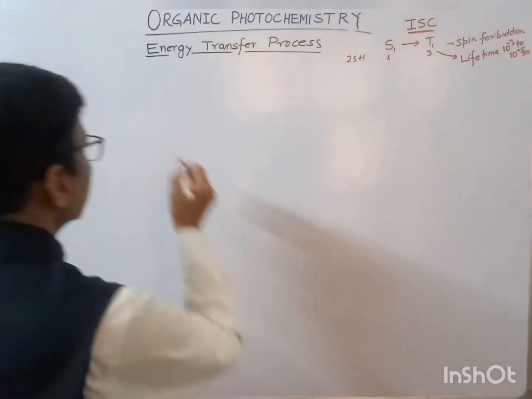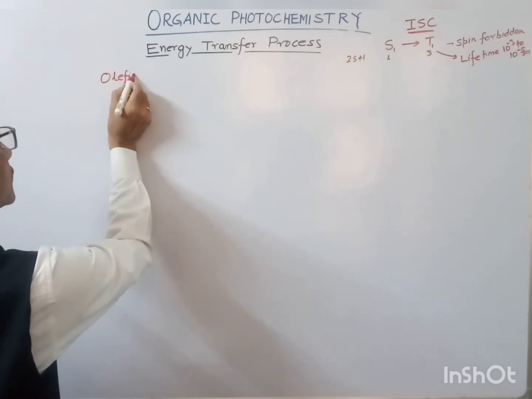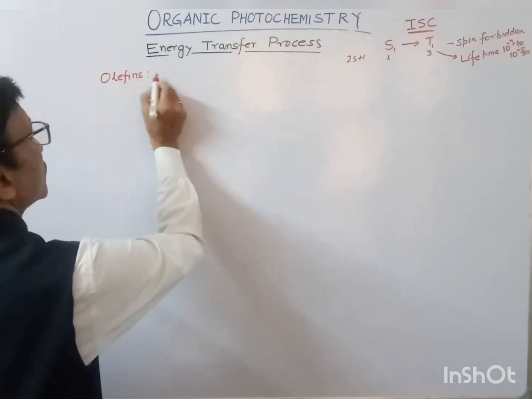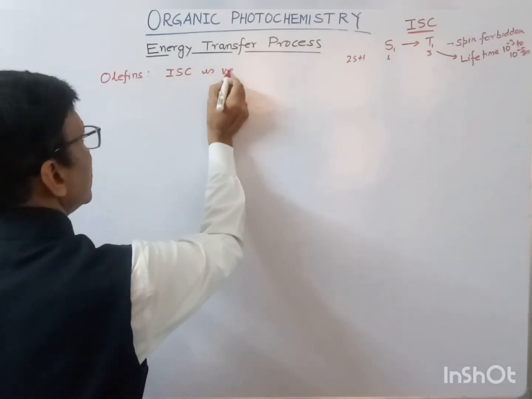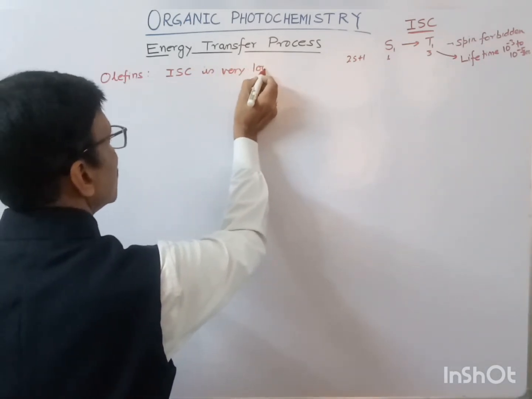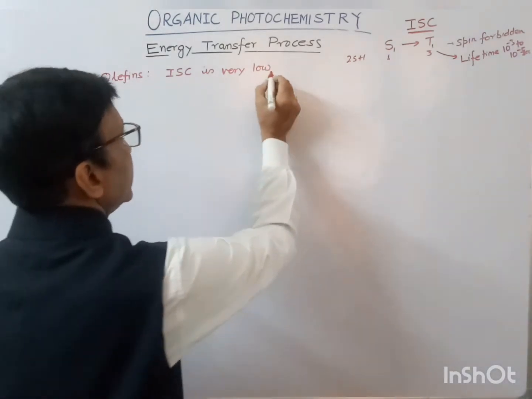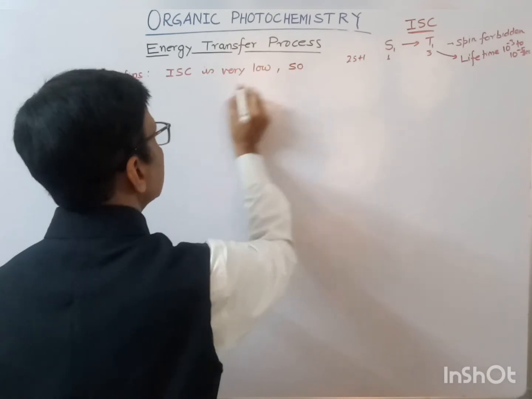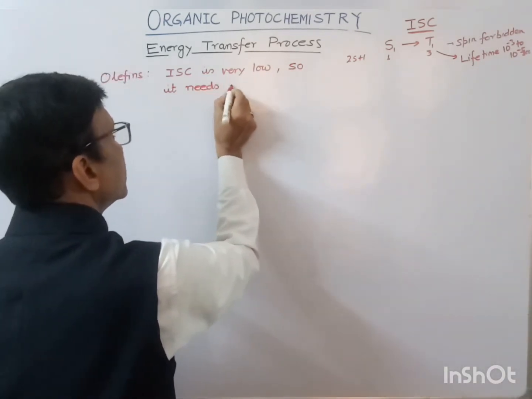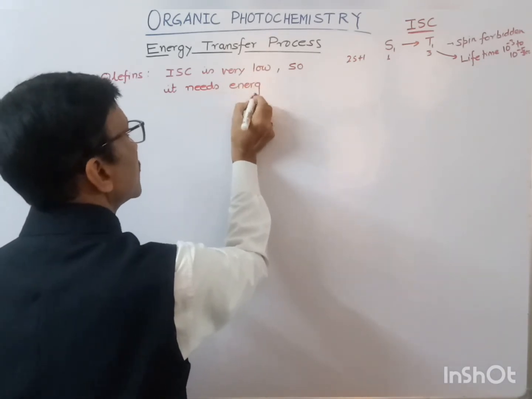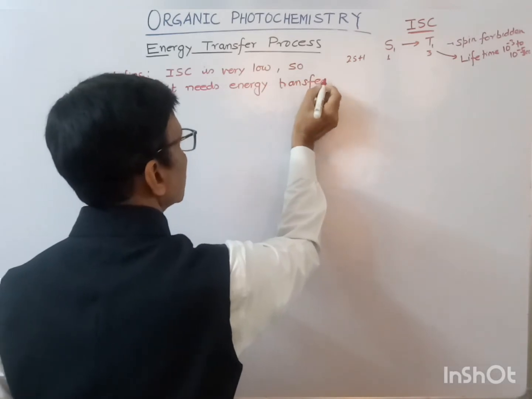If you talk about the olefins, the intersystem crossing is very low, so it needs energy transfer from some donor molecule.